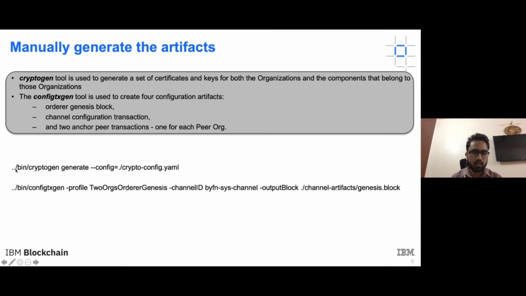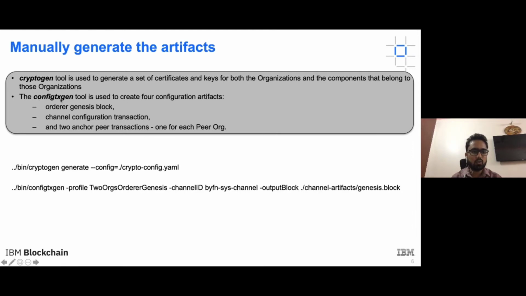For that, we are going to use cryptogen. There are two tools, the cryptogen tool and the configtxgen tool. The cryptogen tool is used to generate a set of certificates and keys for both the organizations and all the components that belong to those organizations. Over here we have 4 peers and one orderer, so we are going to use this cryptogen tool to generate all the certificates and keys for that.